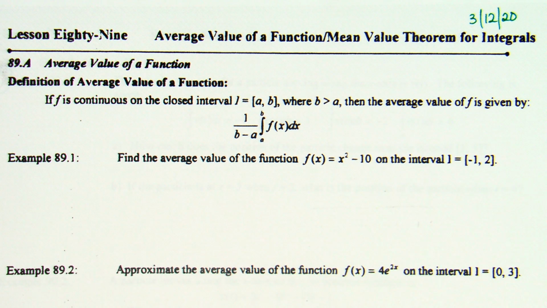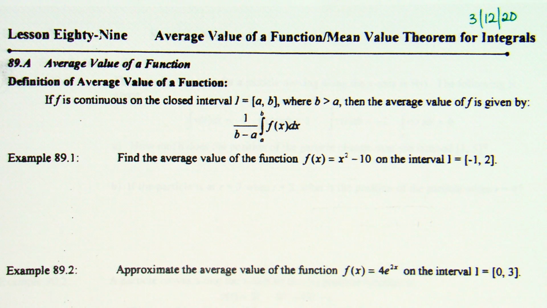In order to find the average value, you're taking that integral value and dividing by b minus a, which is the width of the interval. So this is the average value definition, and what we're going to be using.